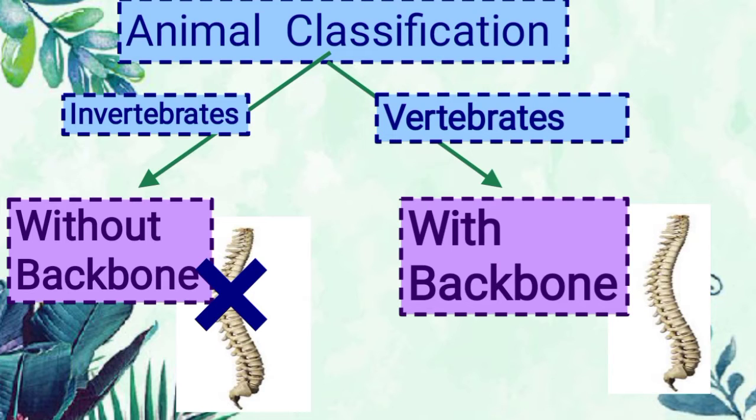Now let's understand animal classification based on the absence or presence of a backbone. Humans can move because the body is supported by an internal skeleton, which works as a support structure. It gives the body its shape and allows movement. But not all animals walk and run around like humans.